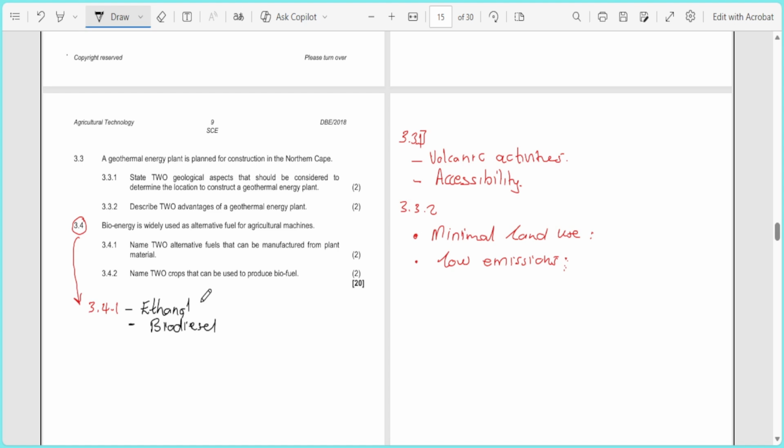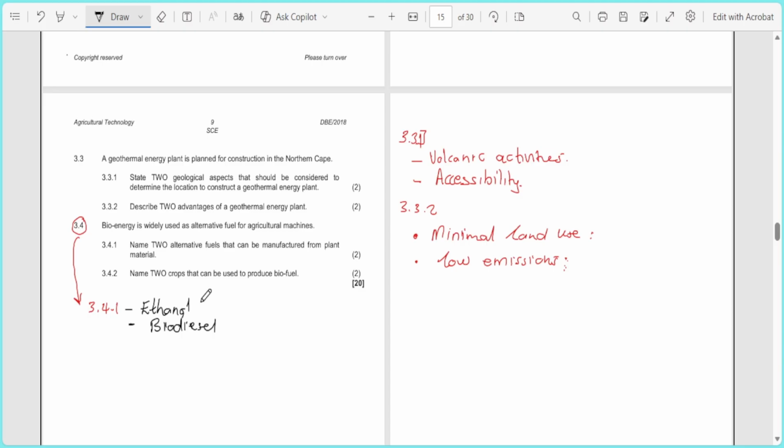Okay, so ethanol comes from the fermentation of sugars from sugarcane or even maize starch, right? This can also be used for powering generators, pumps, and adapted vehicles as well.